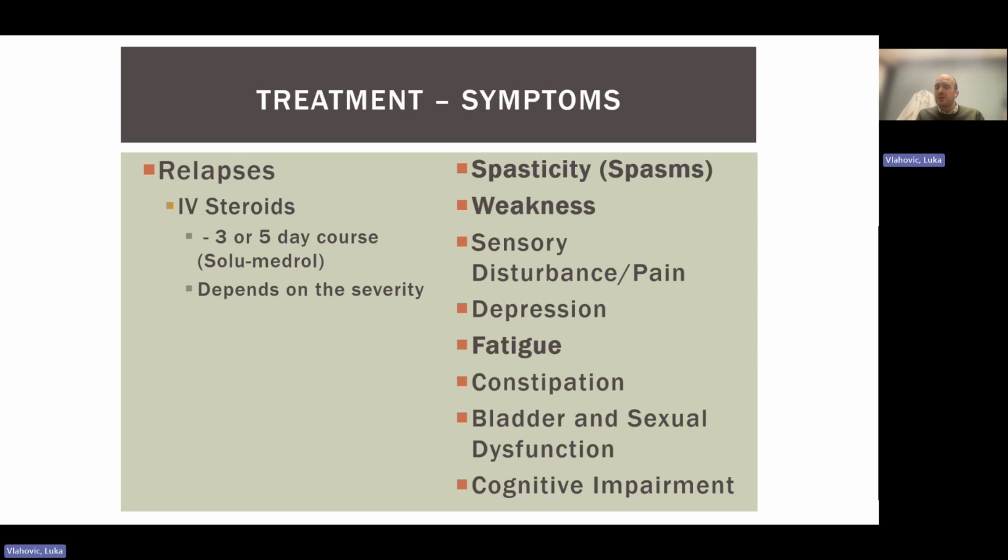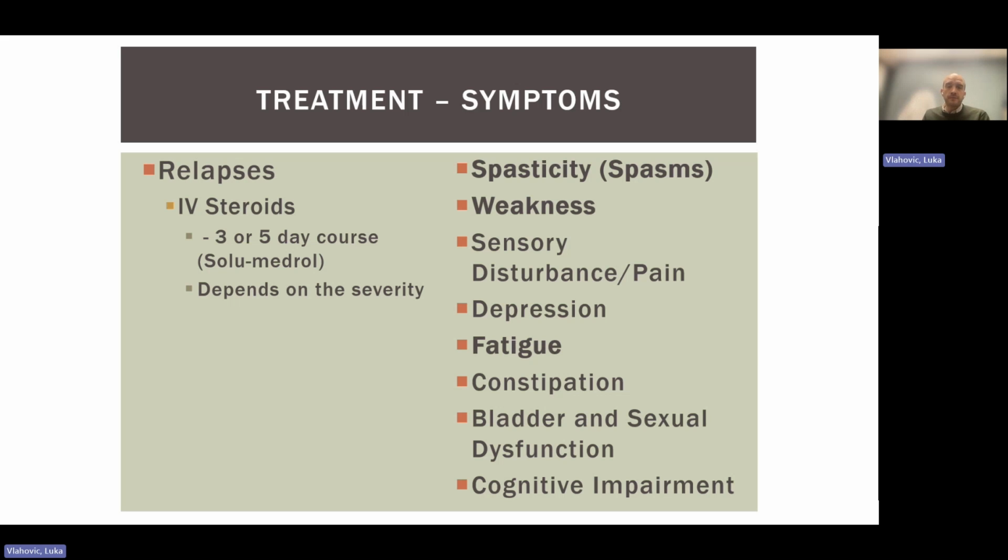Sometimes we can use plasmapheresis, which I didn't mention here, or in very rare circumstances IVIG, as alternative options if relapses are very severe. That definitely can happen, but is not very common in MS.